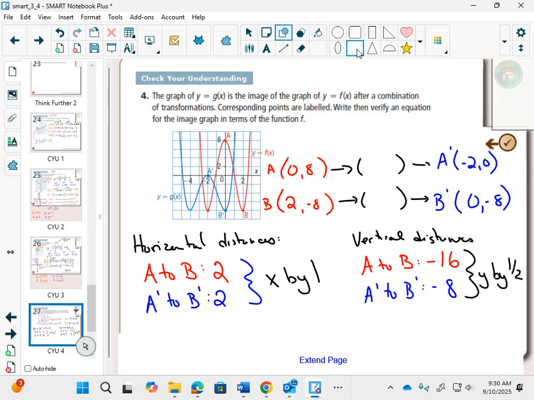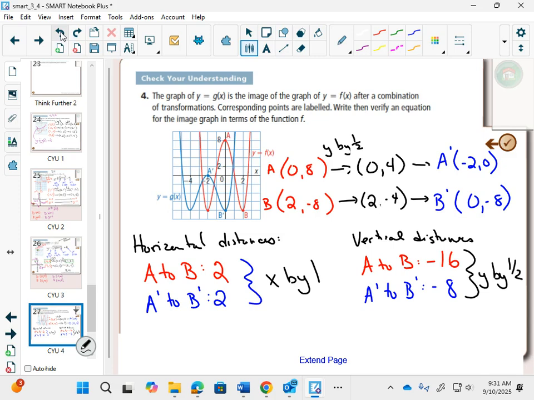So after you do that math, you can say x doesn't change. Above here I can write that my only stretch, compression, or reflection is this. You might get a reflection because if one went down and the other one went up, you'd have to multiply by a negative. But the only thing that's going to happen here is your y values are going to get cut by a half. And by doing that, I know that this point is (0, 4), and this point is (2, -4).